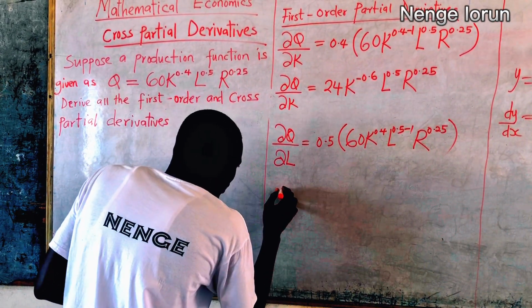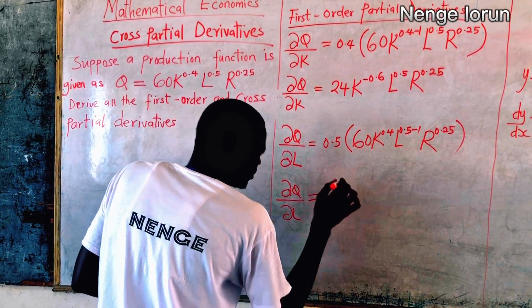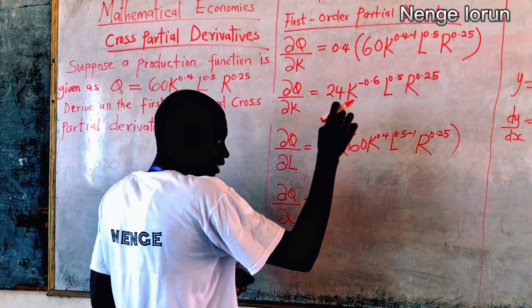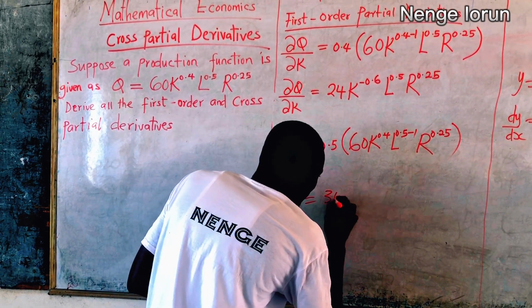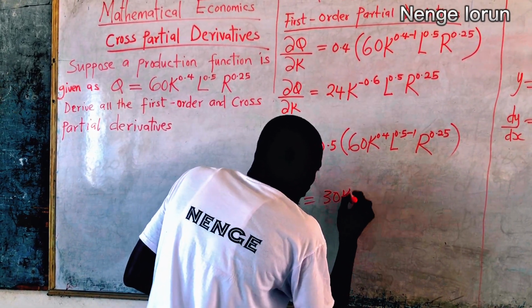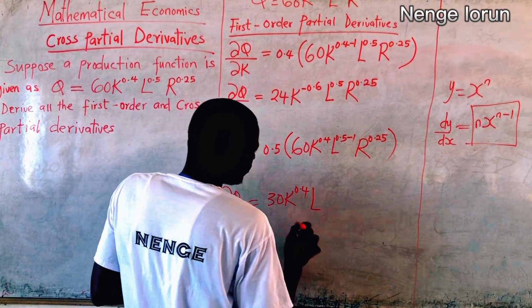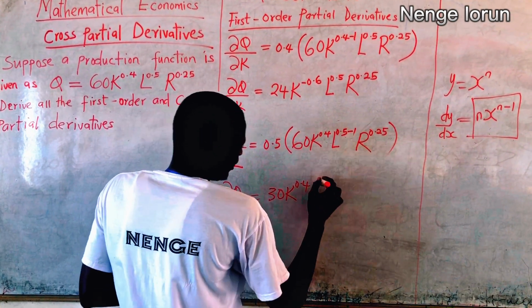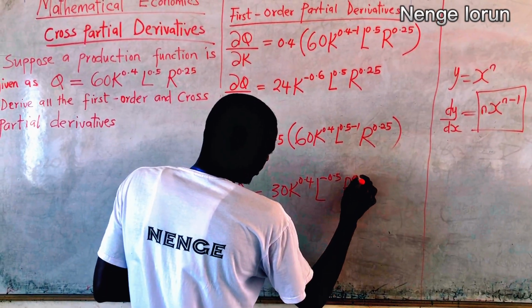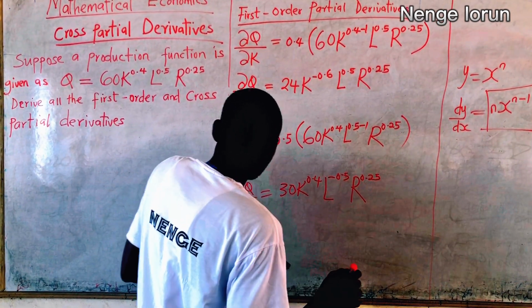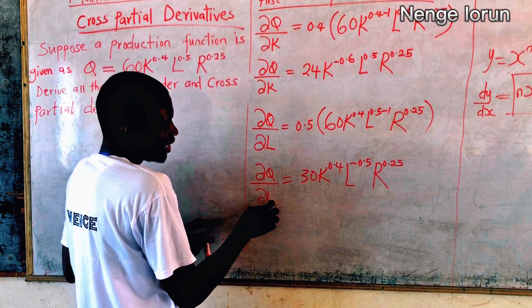So now you have the partial derivative of Q with respect to L, which is equal to 0.5 times 60. 0.5 times 60 is 30. 30 K raised to the power of 0.4, L raised to the power of 0.5 minus 1, which is minus 0.5, R raised to the power of 0.25. So this is the first order partial derivative of Q with respect to L.